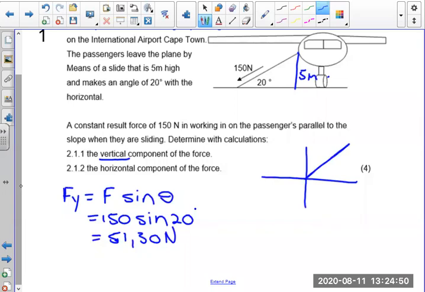Oh no, I'm lying to you now. It's not going to be in that quadrant. It's going to be in this quadrant here, this one. So it means that that's the y and that's the x component that we're looking at. So the y component is going to be downwards. Okay. And for the component, write down the direction for the component as well.